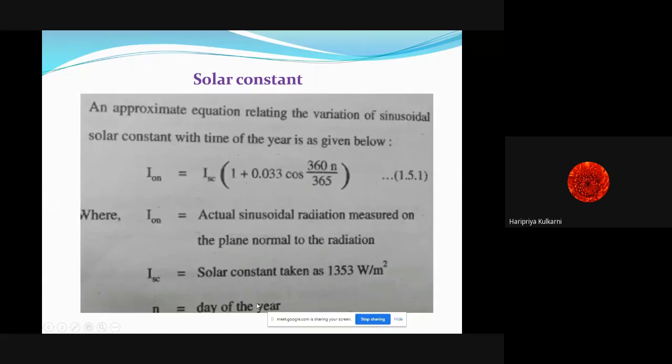Again, n is the number of days of the year. If it is in the month of January, say 20th January, n will be 20. If it is in, say, 10th March, n will be January 31 days, February 28 or 29 days depending upon whether it is a leap year or not, and then March 10 days. So additively you have to take n, put that value here, and then you can calculate the approximate value of the solar constant, and you can use that while solving the numericals.